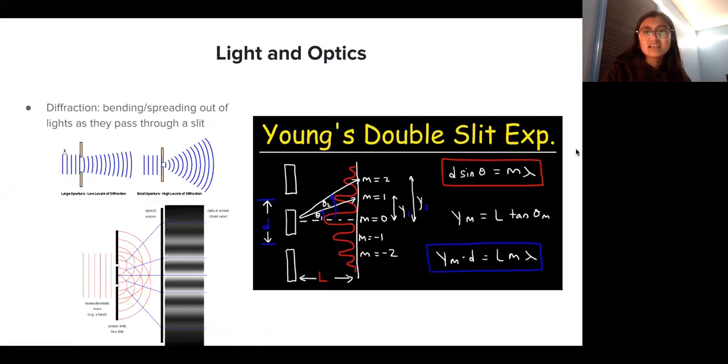All right, and then the double slit, I should go over it. Diffraction is the bending or spreading out of light as it passes through a slit, as seen here. And then Young's double slit experiment, I highly recommend being familiar with.